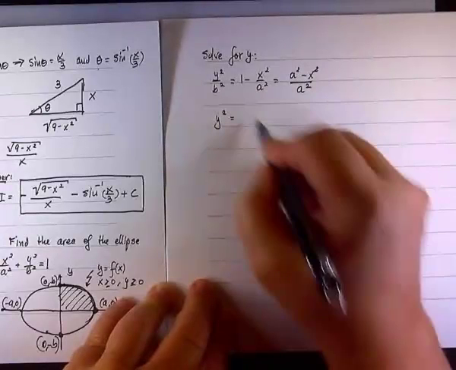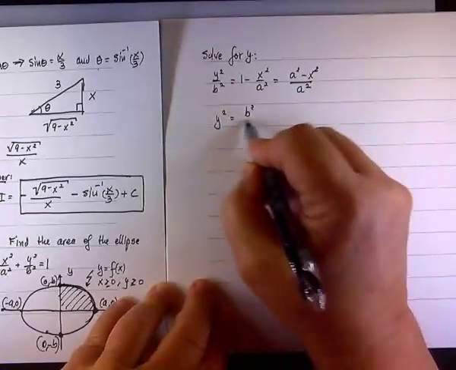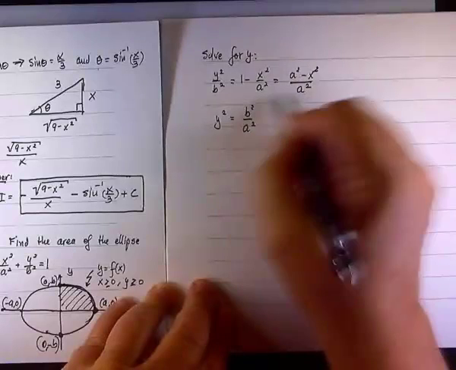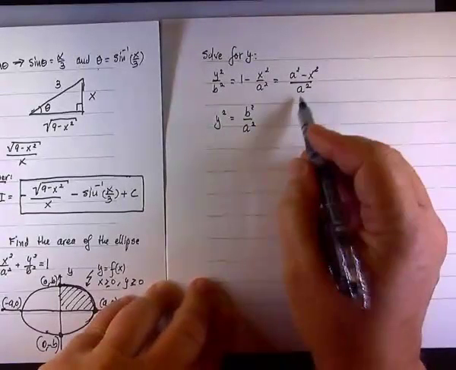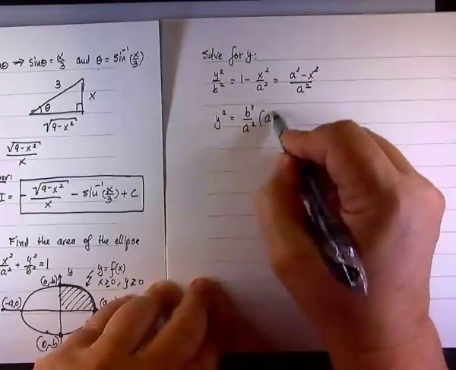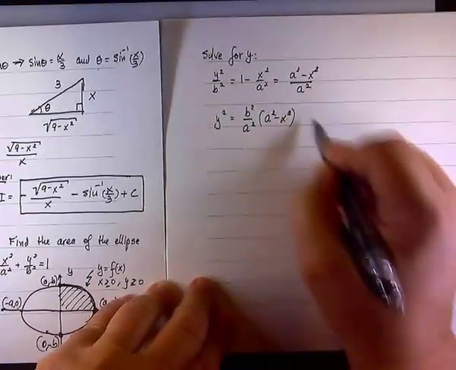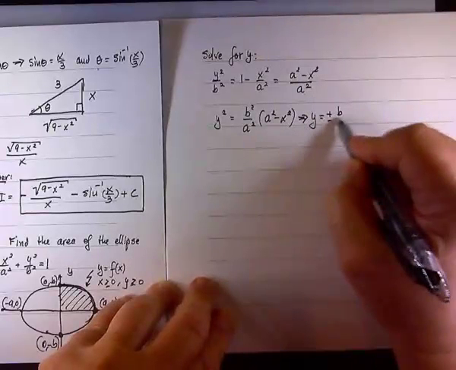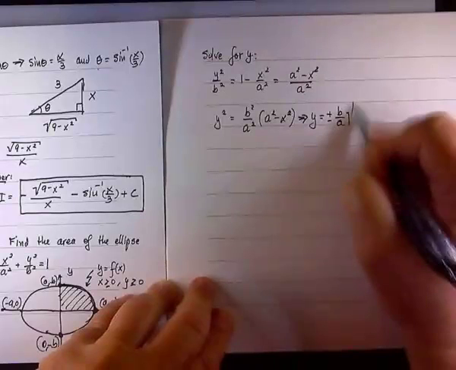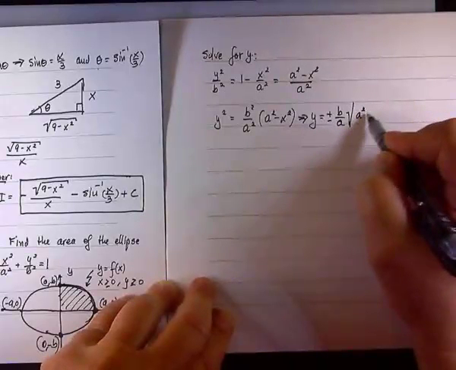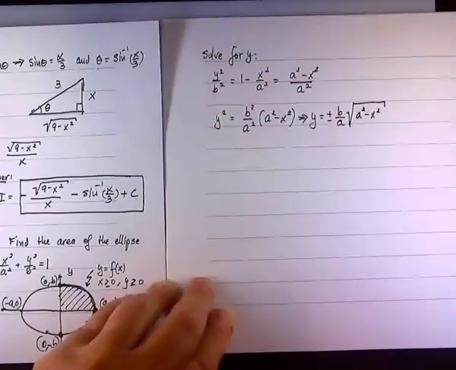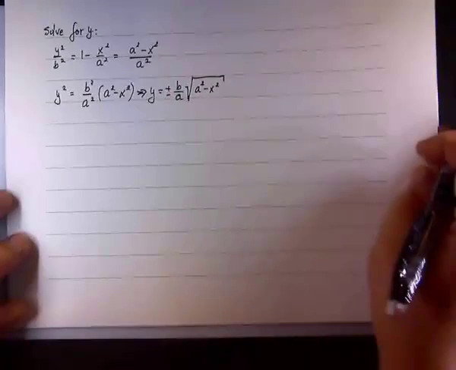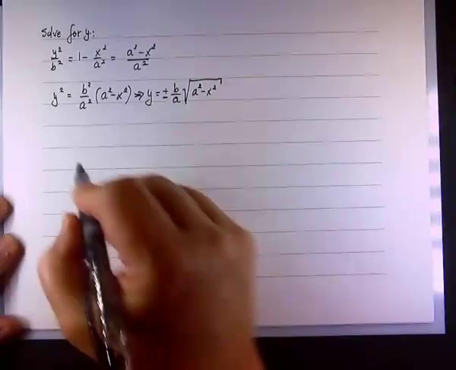Y squared will be b squared times that, so I can just pull out a squared, and then I have a squared minus x squared, and finally y equals plus or minus b over a square root of a squared minus x squared, which we just learned how to deal with, this type of expression.